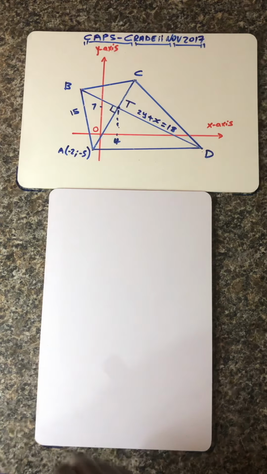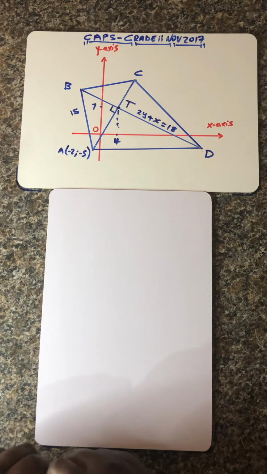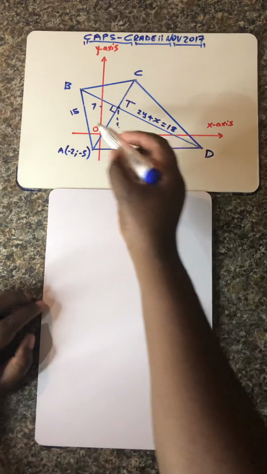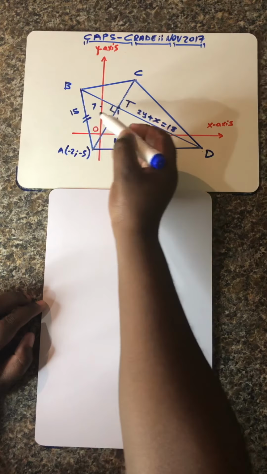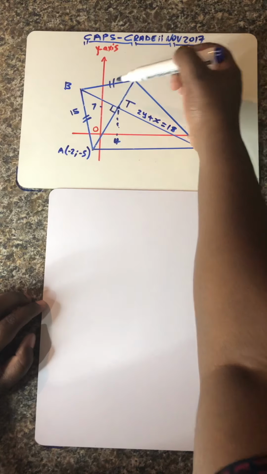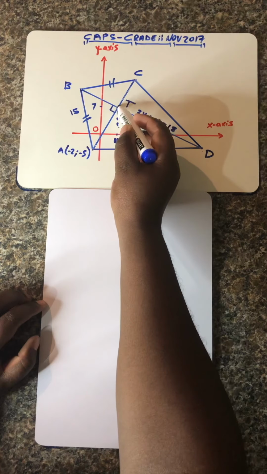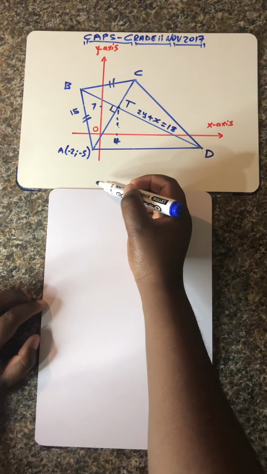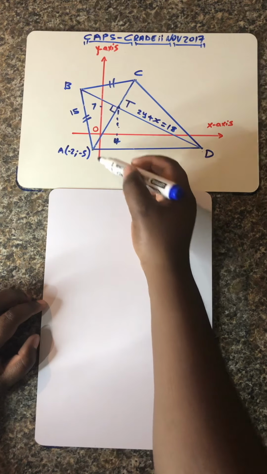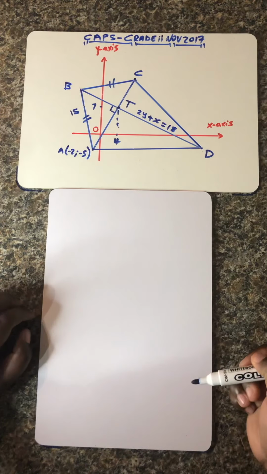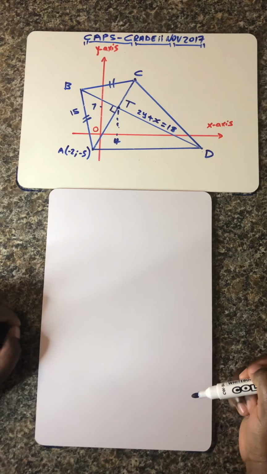So now the question said determine the coordinates of C. So remember guys, they've just indicated that AB equals BC, which means point T is halfway between A and C. So that's where you use the midpoint formula.